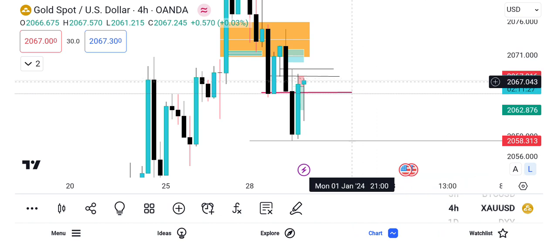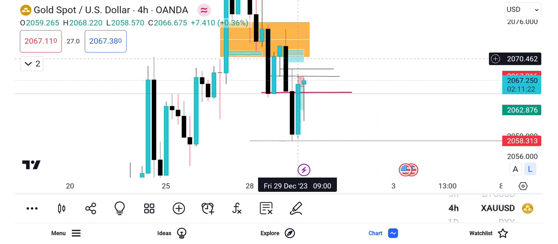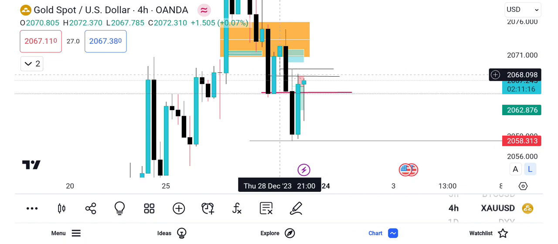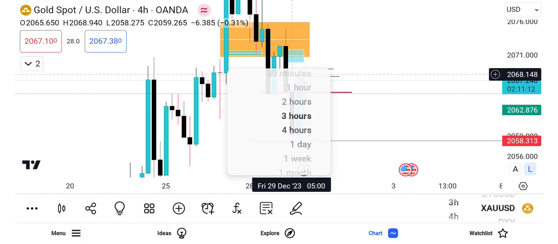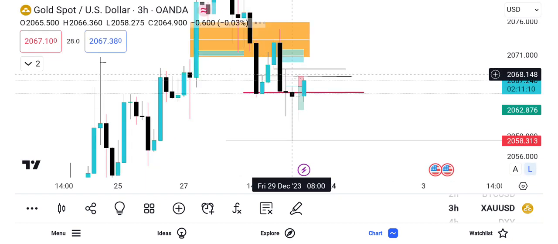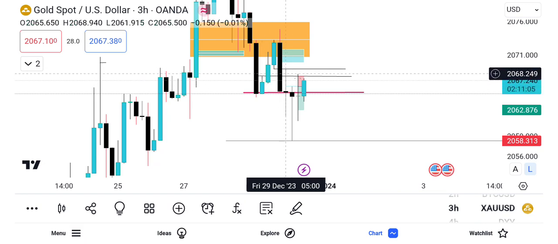For example, we have this overlap, meaning everything in the 4-hour time frame is balanced, right? Before that, we had this 3-hour fair value gap, which was a key level for me. But everything above it was balanced. Only we had this 3-hour fair value gap.